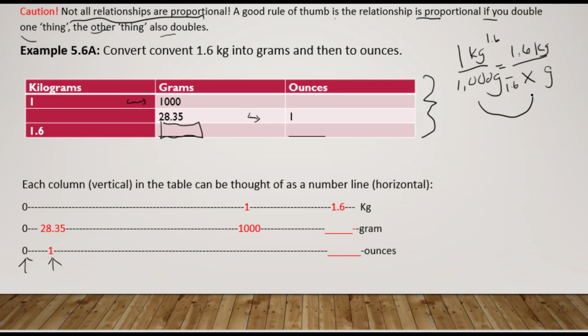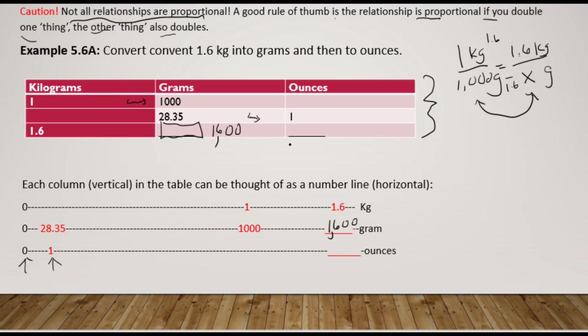So these will be equivalent ratios. 2 equivalent ratios form a proportion. So 1,000 times 1.6, move the decimal 3 places, I get 1,600. Let me write that in. So 1.6 kilograms is the same as 1,600 grams.